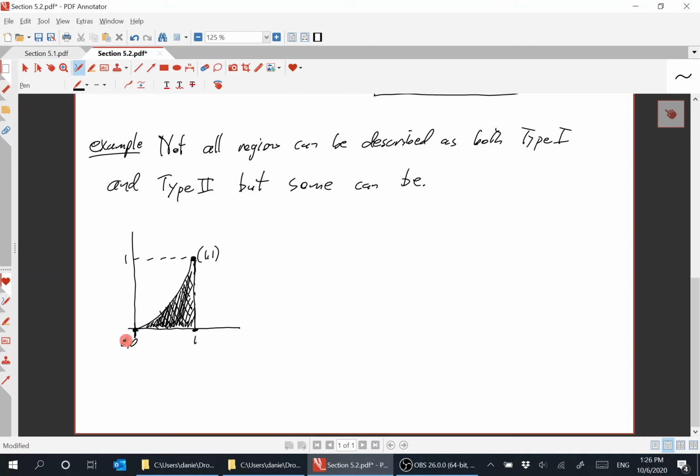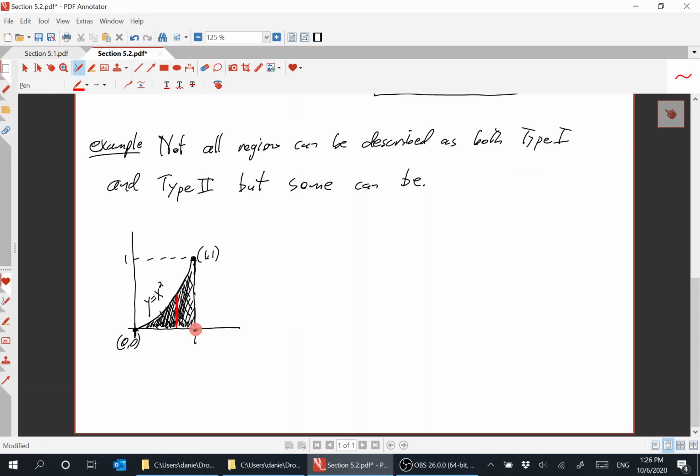And that's 0, 0 right there, of course. I didn't label it. This is the function y equals x squared. You can describe that as type 1 or type 2.